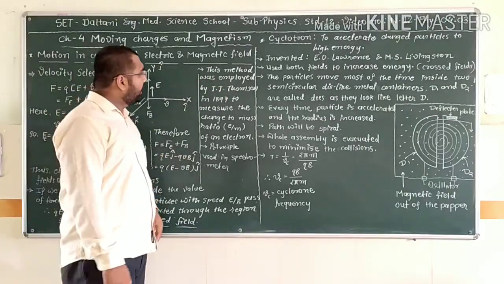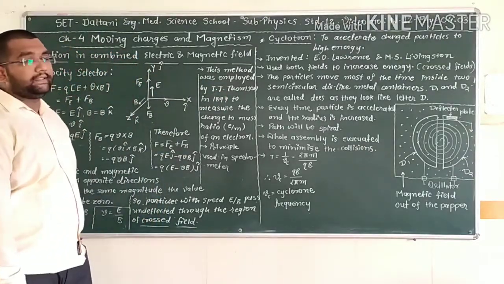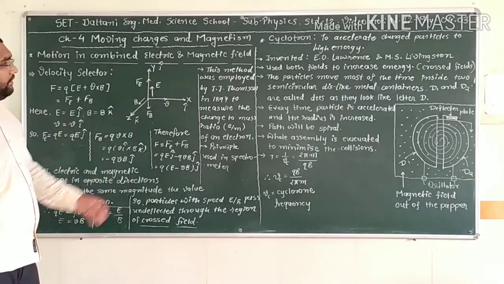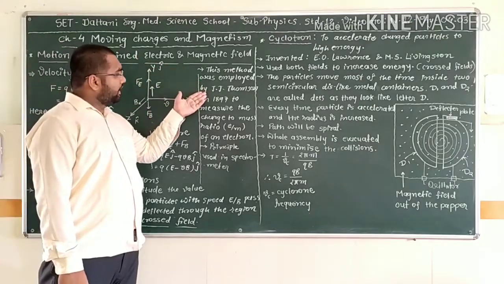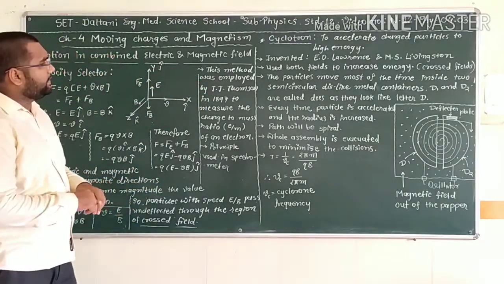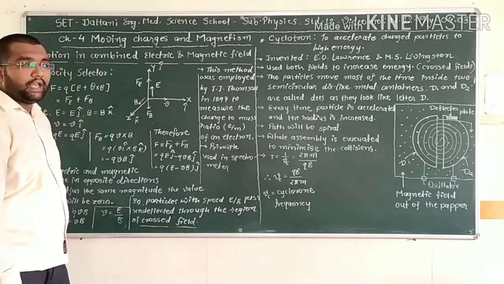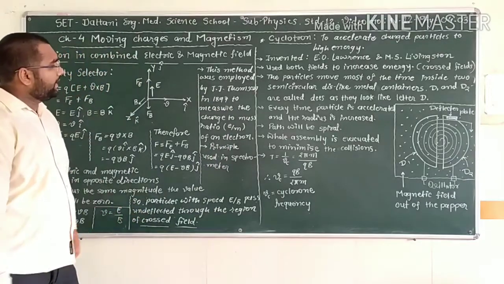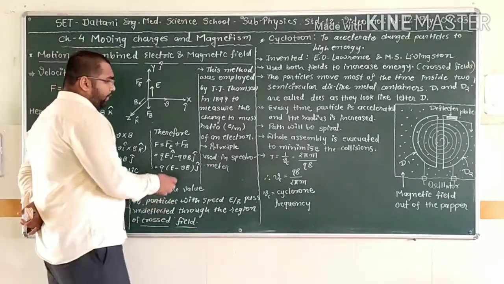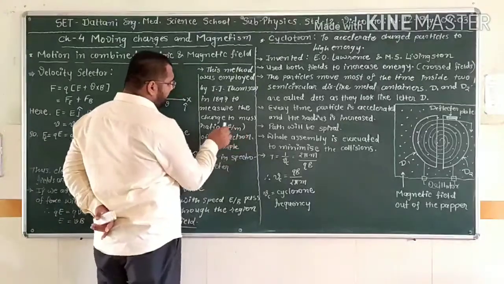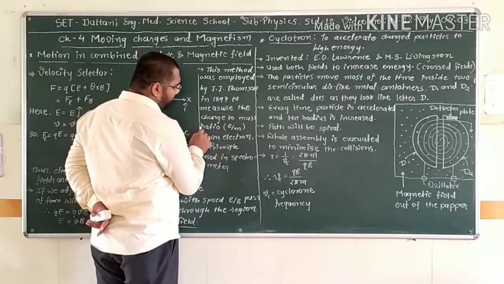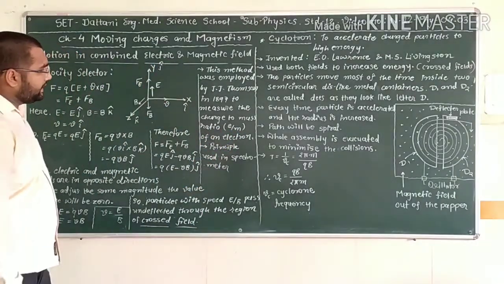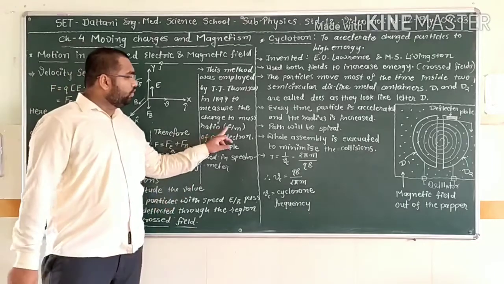This method was employed by J.J. Thomson in 1897 to measure the charge to mass ratio. It was employed for measuring the ratio of the charge to the mass of an electron.